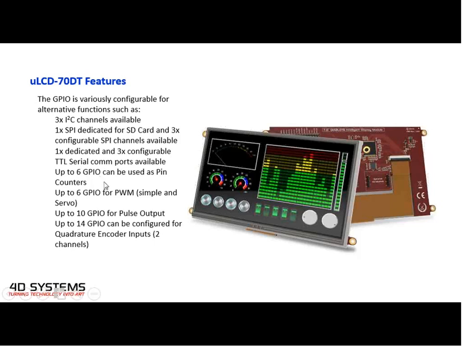Up to 6 GPIOs can be used as pin counters, up to 6 GPIOs for pulse width modulation, for applications such as simple systems using motors and this kind of stuff. You have up to 10 GPIOs for pulse output. You have up to 14 GPIOs that can be configured for processor and other inputs. We have shown this earlier.